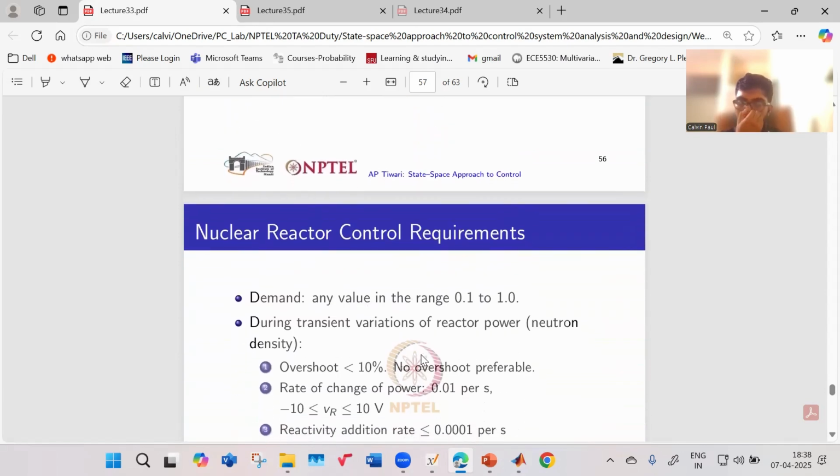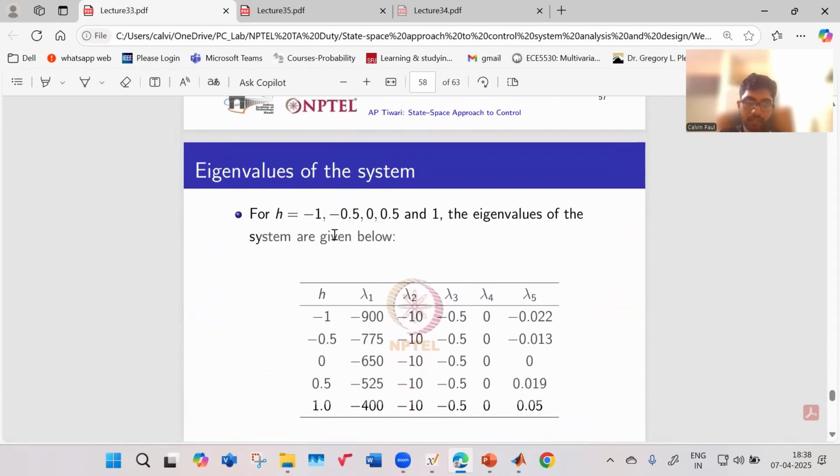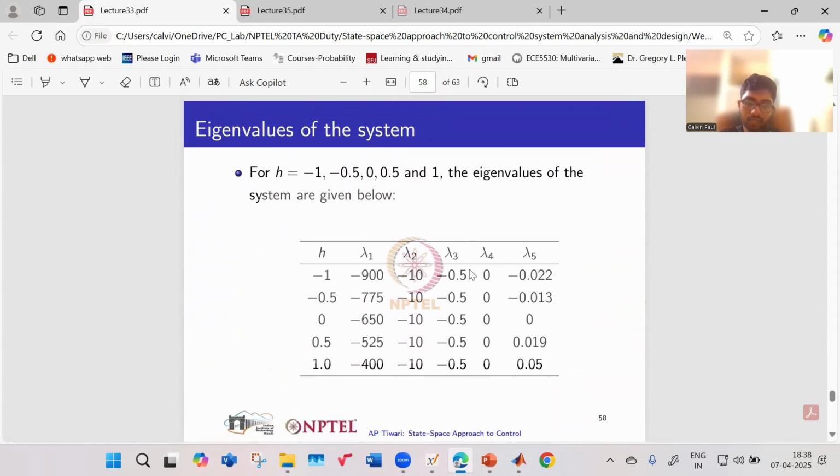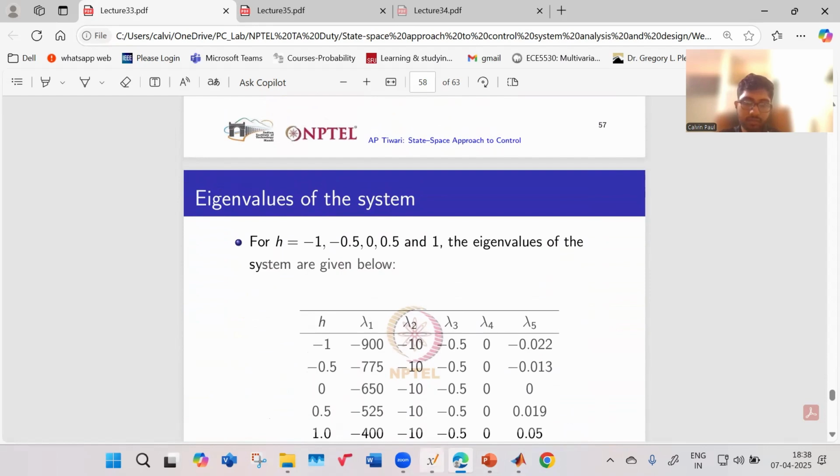Okay. Demand can be any value in the range of 0.9 to 1. So it is modeling for different H values. What are the eigenvalues for the system? That has been considered for different H values.